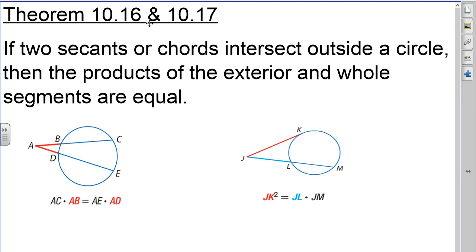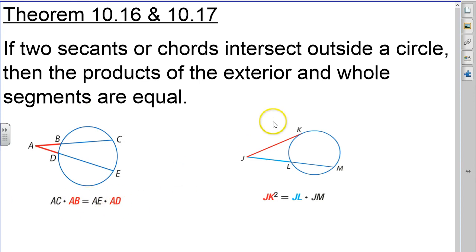But theorems 10.16 and 10.17: if 2 secants or chords in a secant intersect outside of a circle, then the products of the exterior and the whole segments are equal. So AB times AC equals AD times AE, down here.